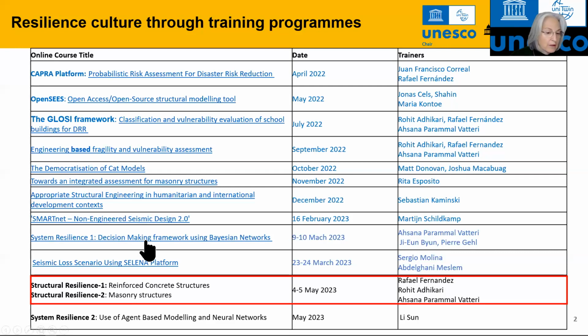We already had a first installment on the application of Bayesian networks to system resilience, so this is quite an interesting counterpart. Not often are these two methods used together, but possibly in the near future we will be able to show you how to do this in a sequential manner.